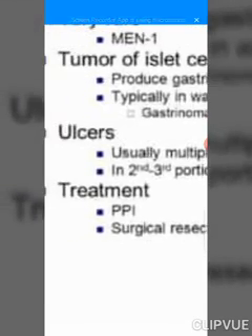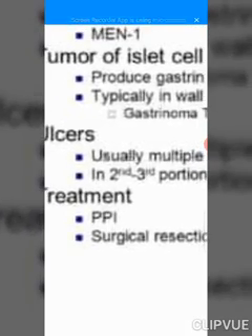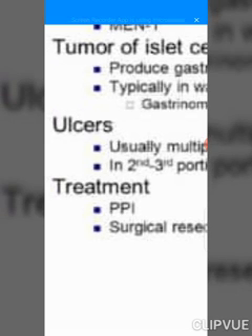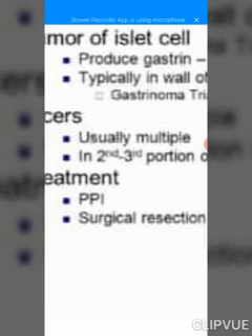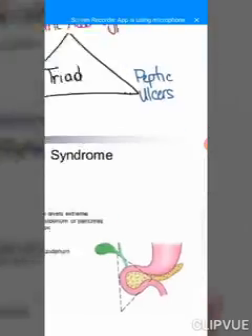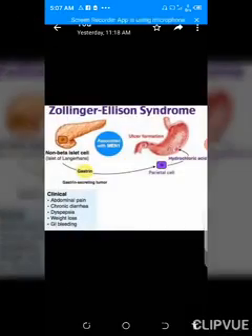The treatment is usually either medical or surgical. The medical treatment is by giving proton pump inhibitors, the prazoles, like omeprazole. The surgery is by surgical resection. But we focus more on the laboratory investigation.